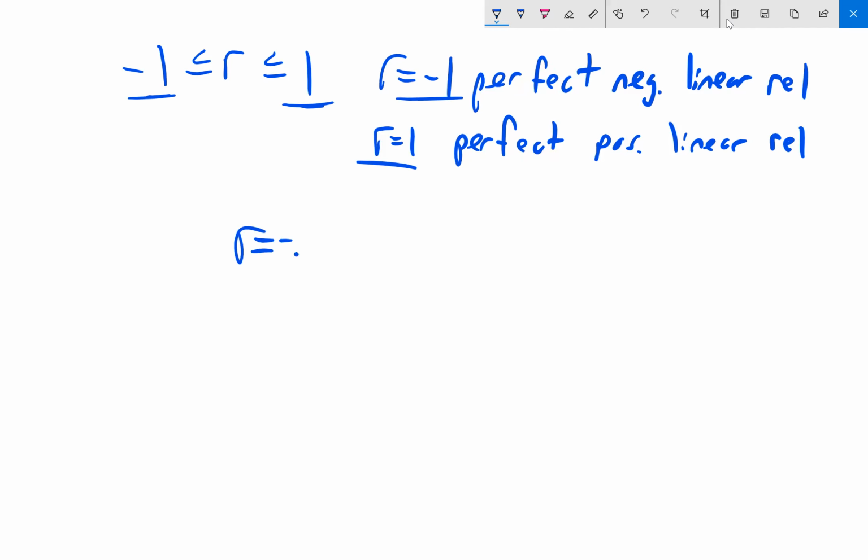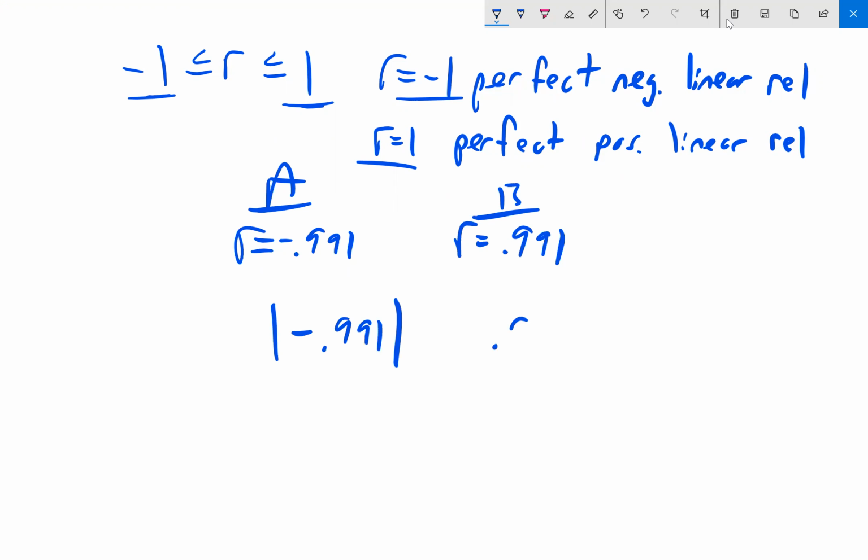So if we're asked to compare two things like this, data set A had this R value, data set B had this R value, to see which one is stronger, you need to compare their absolute values. The absolute value of -0.991 is positive 0.991. And likewise, this has absolute value equal to 0.991.